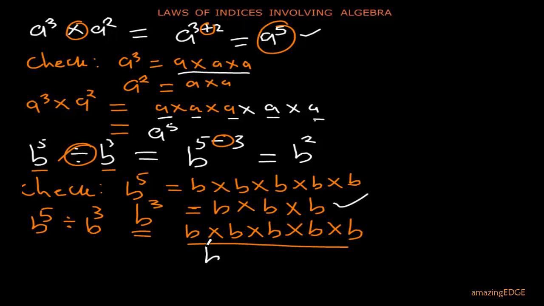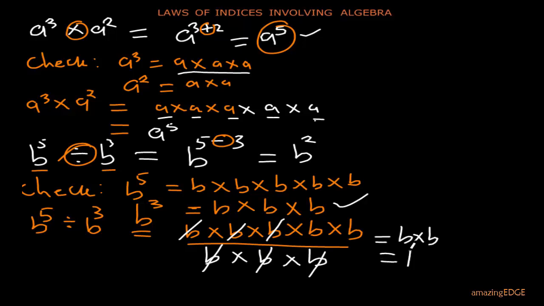In our common arithmetic, we know that we can cancel these. So this b cancels b, this b cancels b, and this b cancels this b. How many b's are left? We are left with only 2 b's, which is b times b, which will give us b raised to power 2, or b squared.